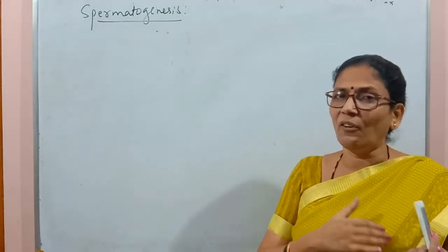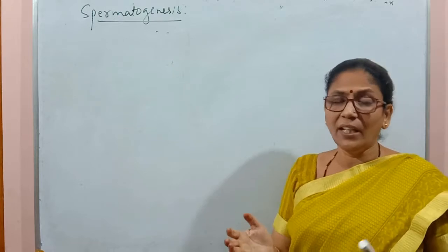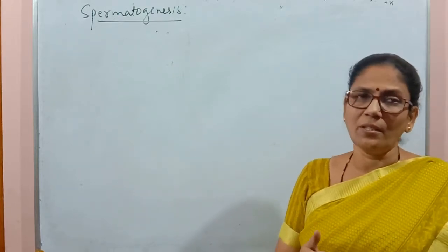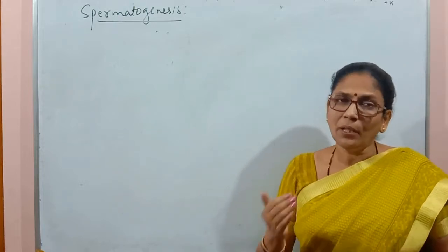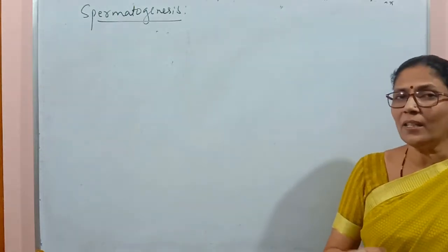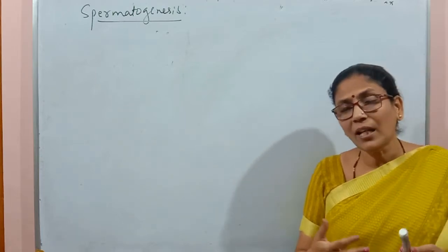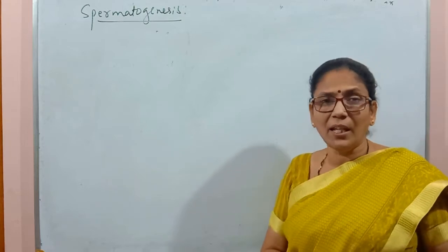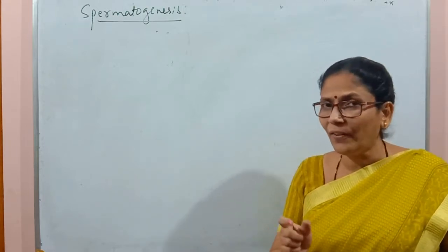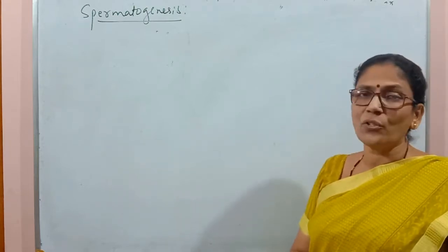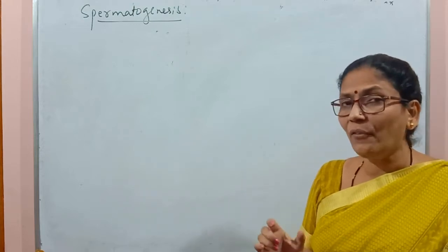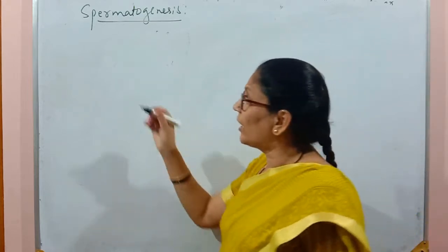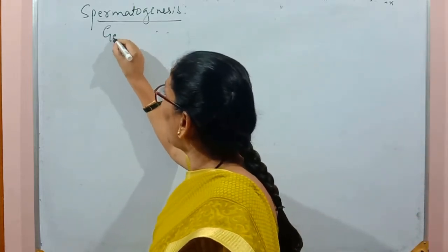We already studied this in our previous class, while studying the microscopic structure of the seminiferous tubule, but I want to repeat it once more so that the whole process is easy to understand. The seminiferous tubules are lined by germinal epithelium.